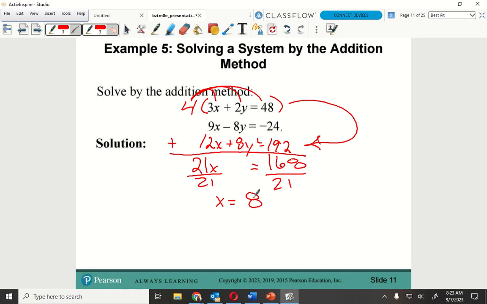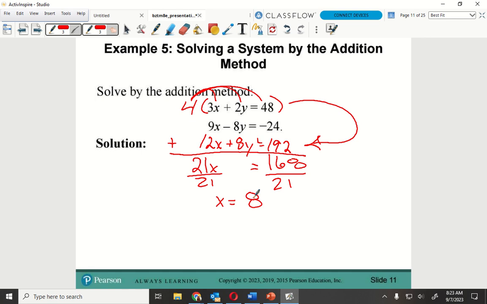Plug it in. Where am I going to plug it in? I can plug it into the top one or the bottom one. Bottom one or top one, it doesn't matter. They're both going to give me the same answer for y.